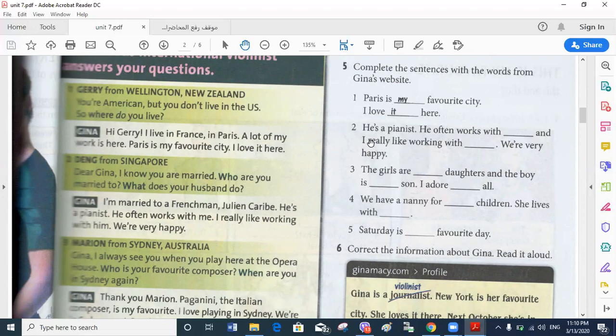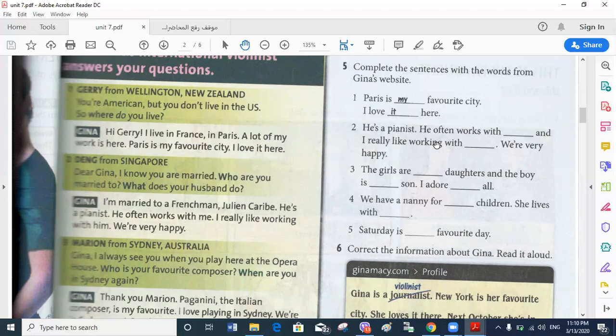For example, number 2, he is a pianist. He often works with blank and I really like working with blank. We are very happy. When you read this conversation, you can answer that, and you know she's talking about her husband.